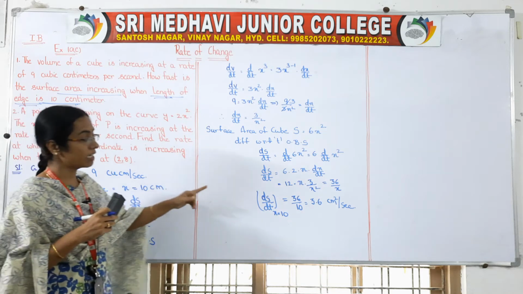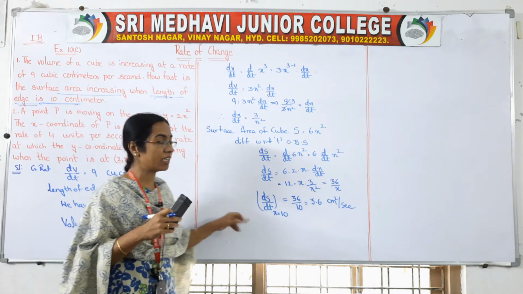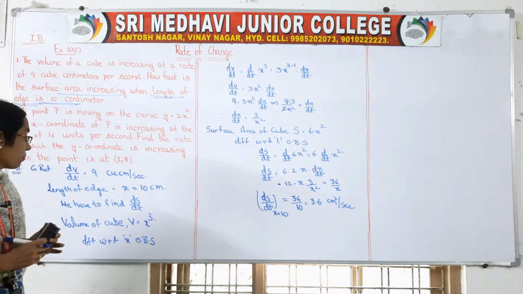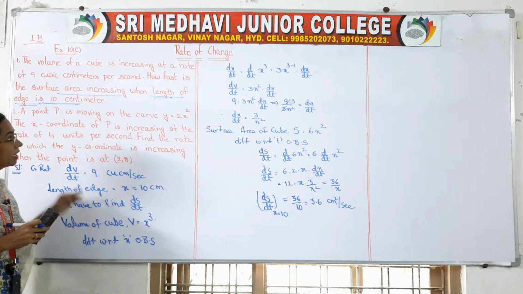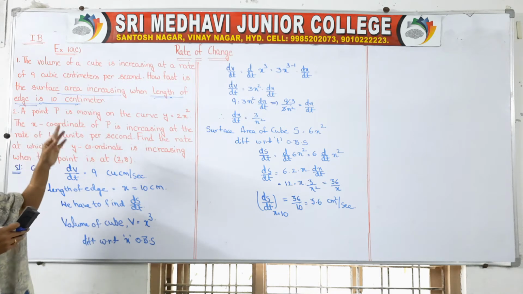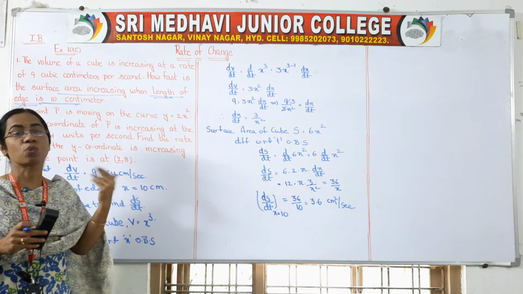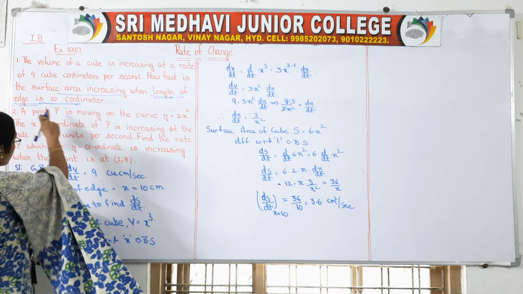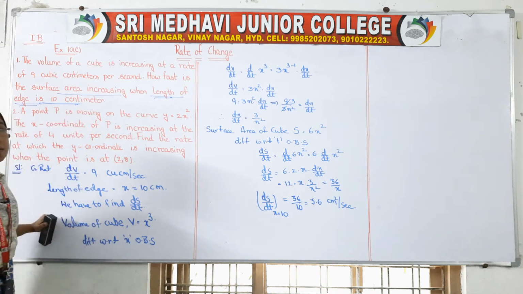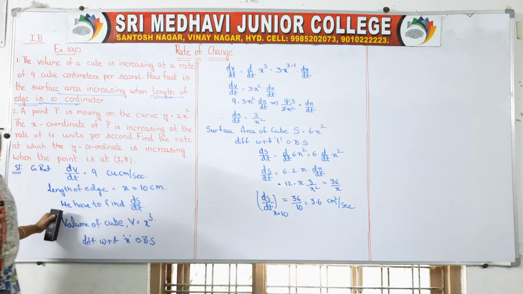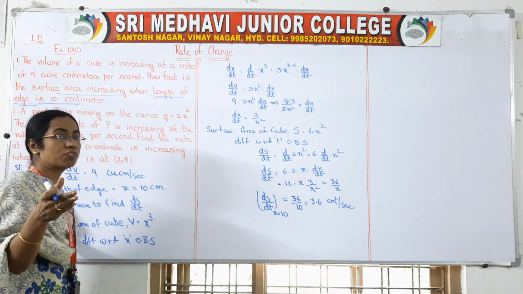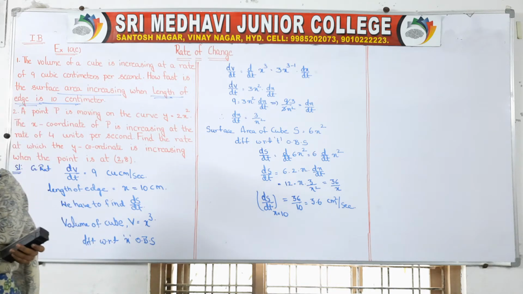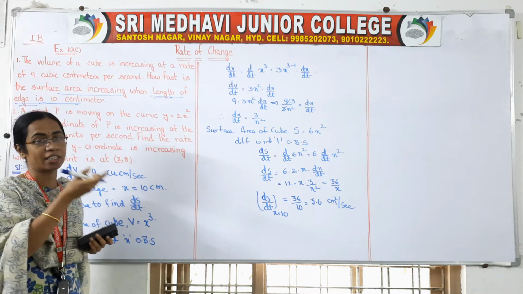But while finding the rate of change in surface area, the length of the edge is given as 10 centimeters. Okay, so we have to find how fast the surface area is increasing. That means what is the rate of change in surface area when the length of the edge is 10 centimeters, right? We have taken the length of the edge as x. When the x value is 10 centimeters, what is the rate of change in surface area?